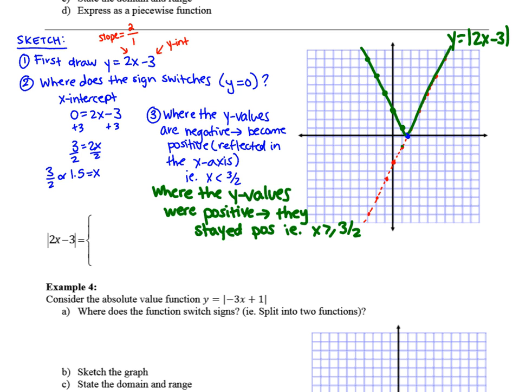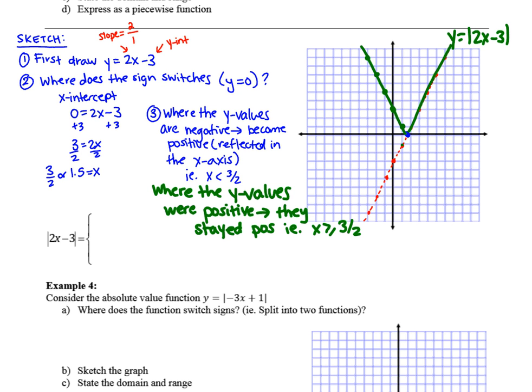So on this side of the line, where x was greater than 3/2, did you need the absolute value brackets? Or was that the exact same line as 2x minus 3? It's the same, right? As long as it's greater than that, it's positive.